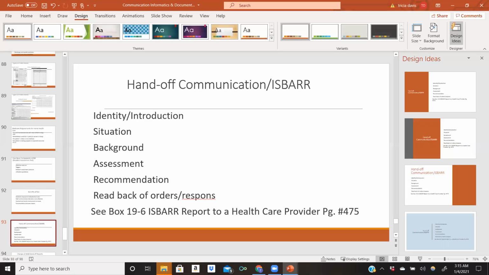Assessment: give your impression of the problem. What do you see? What do you think is going on? Recommendation: explain what you would do to correct the problem. Then read back of orders and any response that you get from the provider. You can also go to page 475, box 19-6, and read more about that.